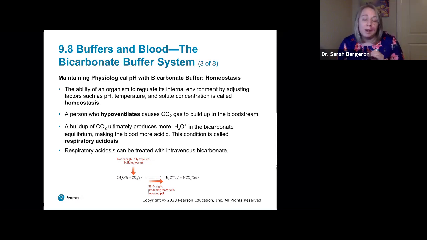The more carbon dioxide gas you have, the more hydronium ion builds up in this bicarbonate equilibrium that we talked about. And so your blood becomes acidic. Sometimes you'll hear that called respiratory acidosis, right? And you can treat respiratory acidosis by giving an IV bicarbonate. So you're basically giving an IV buffer to help the patient's blood to buffer itself, right?